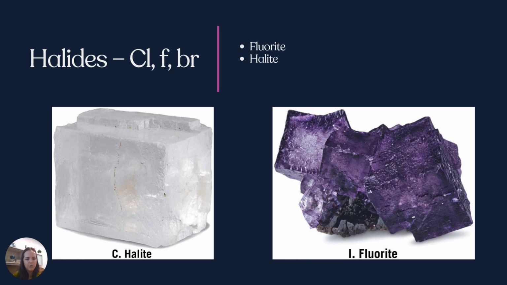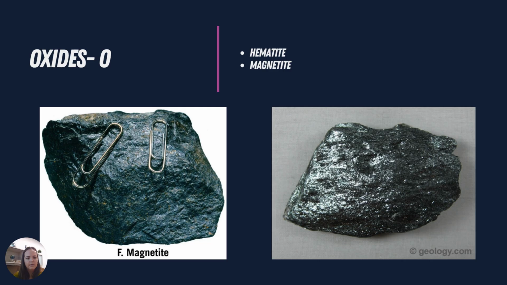So halite and fluorite are 2 examples here. Oxides contain oxygen, and these 2 actually also contain metals. Different metals between the 2, but we have hematite on the right-hand side and magnetite on the left. Magnetite has 2 paper clips on it because it is magnetic, so it will attract magnets and other things that are metal.